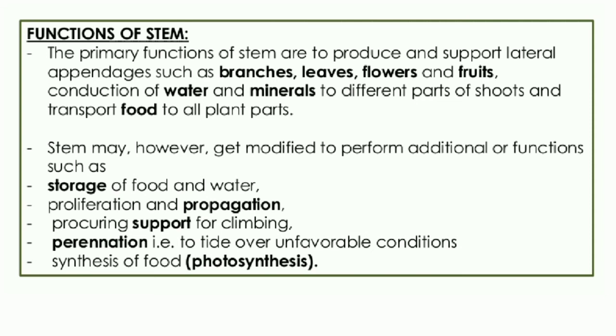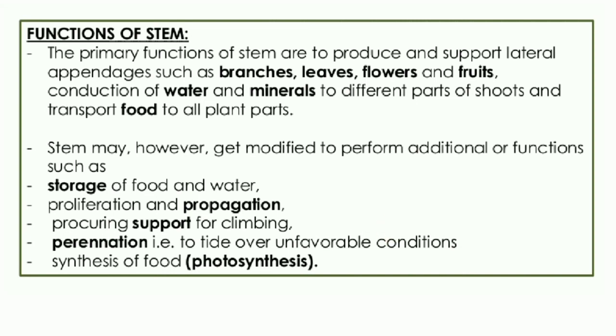Next important function, perennation. Very important. Focus on this word, perennation. To tide over unfavorable conditions. We know the term dormancy, means entry of the seed to the state of inactivity. Means during unfavorable condition, the seeds or the plant do not reproduce. The plant does not continue to grow until it gets favorable condition.